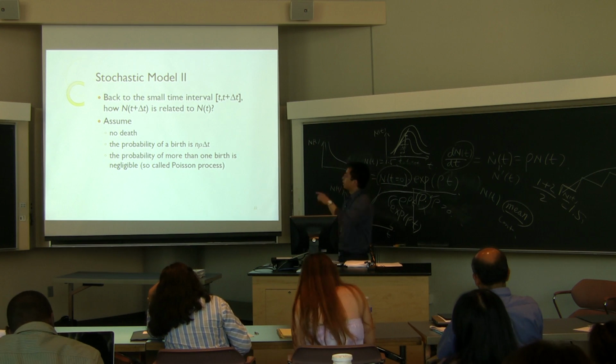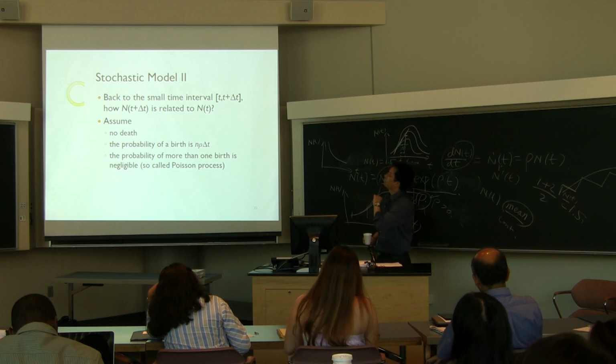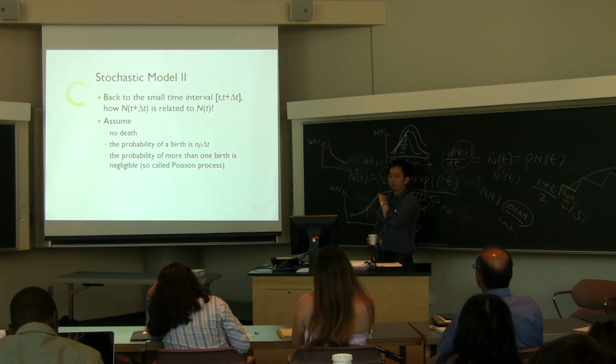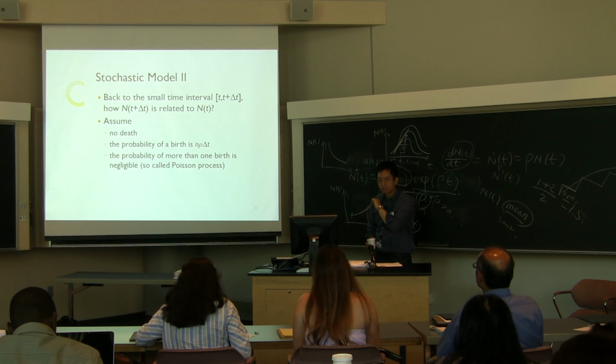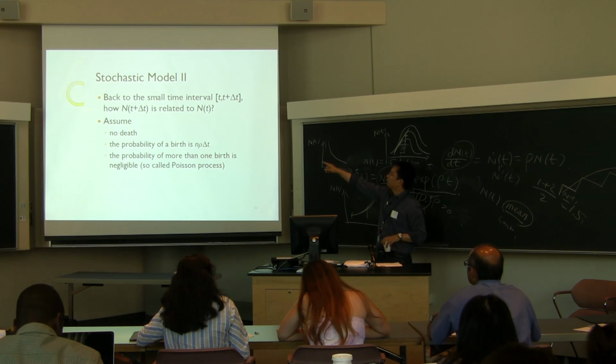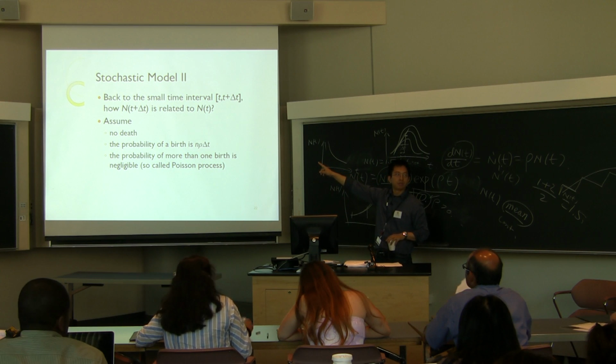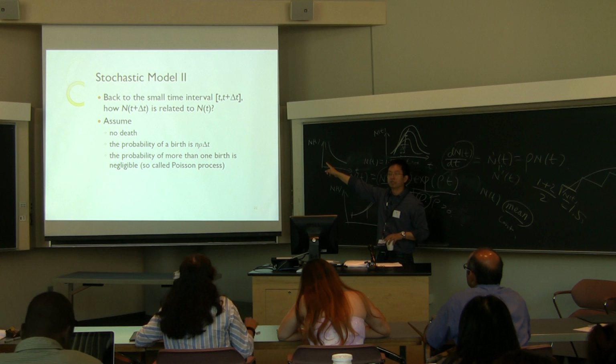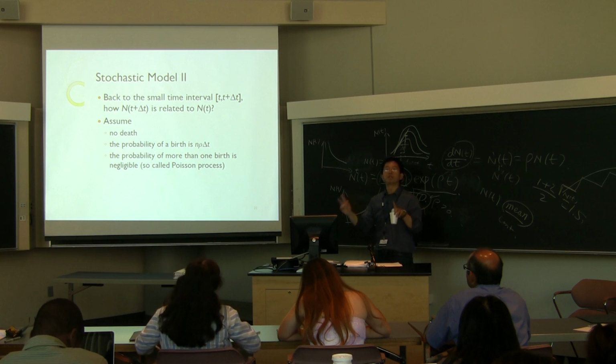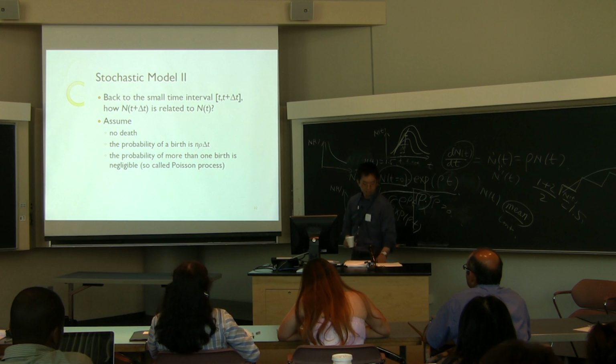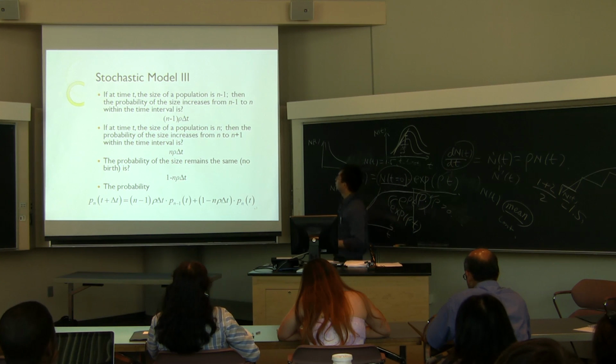Once you have this probability, you specify the whole population or model. Again, if you're interested, you can take some time to read the slides. The basic idea is the same: we look at the changes in the cell number during a small time interval delta t. But how we deal with it is a little bit different.